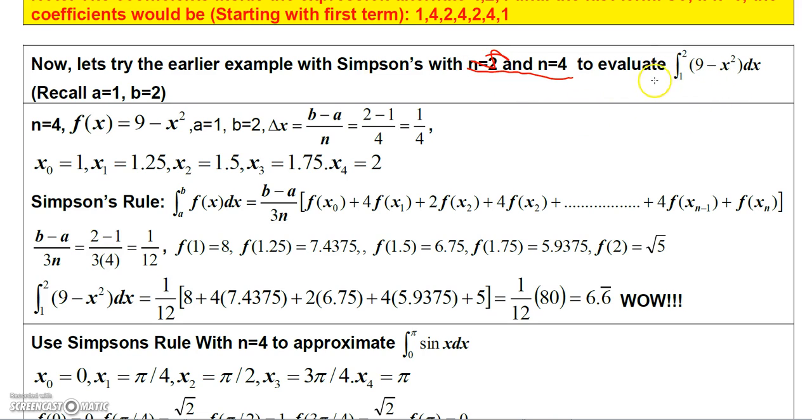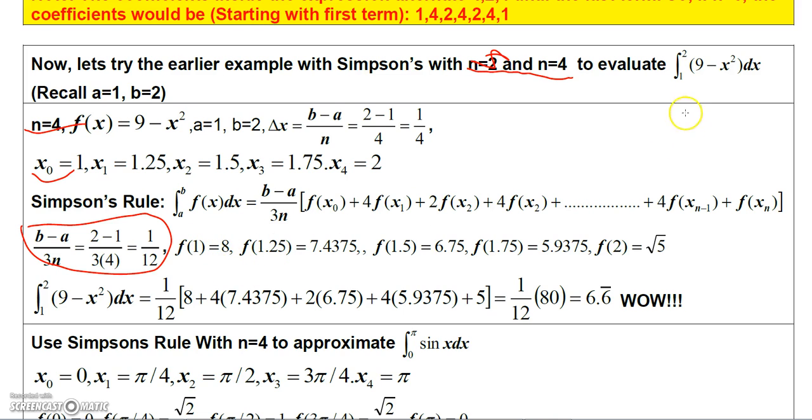If I apply Simpson's rule here with n equal 4, I'm still going to have the same subintervals. X0 is 1, X1 is 1.25, X2 is 1.5, X3 is 1.75, and X4 is 2. And then when I do b minus a over 3n, I'm going to get 1/12.